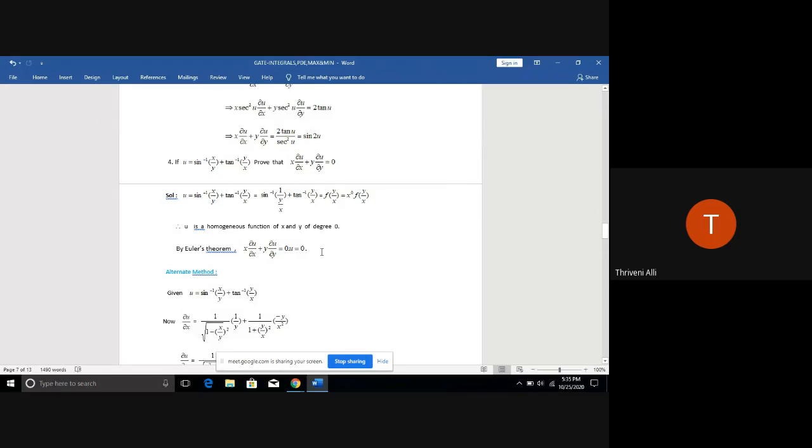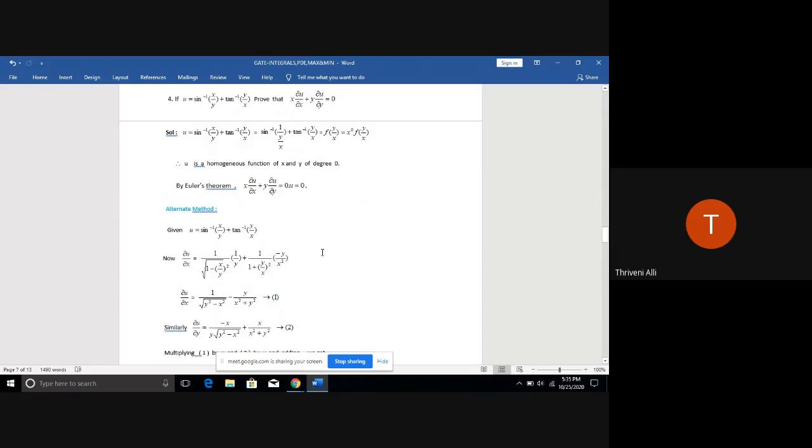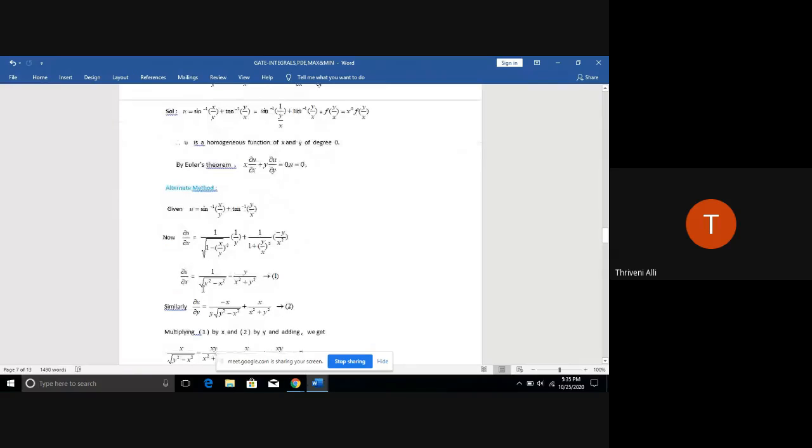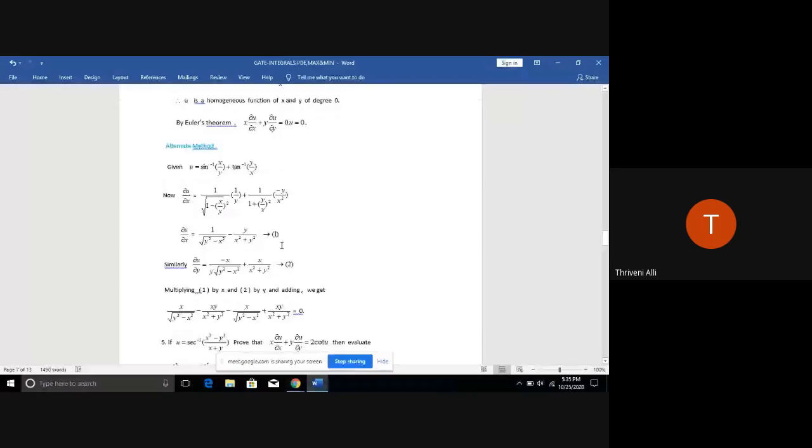So there is also an alternate method, but this is a lengthy procedure. So ∂u/∂x is by differentiating tan inverse, so we get ∂u/∂x as equation 1, and similarly ∂u/∂y.